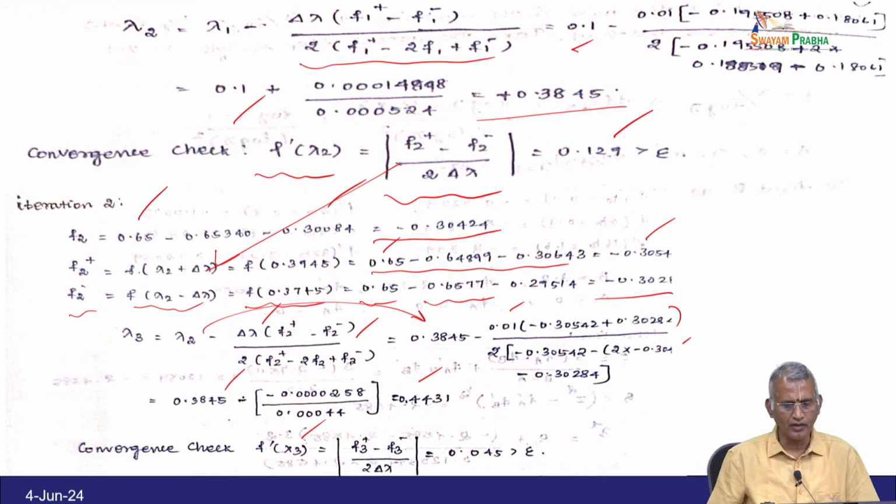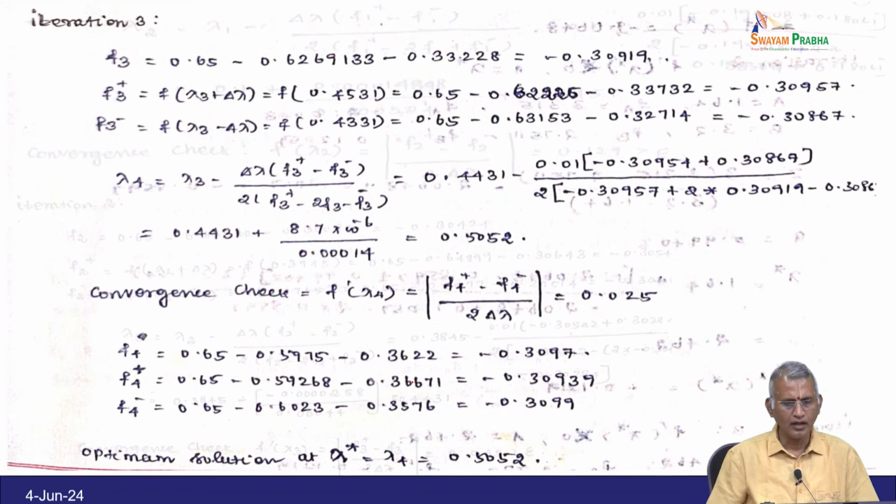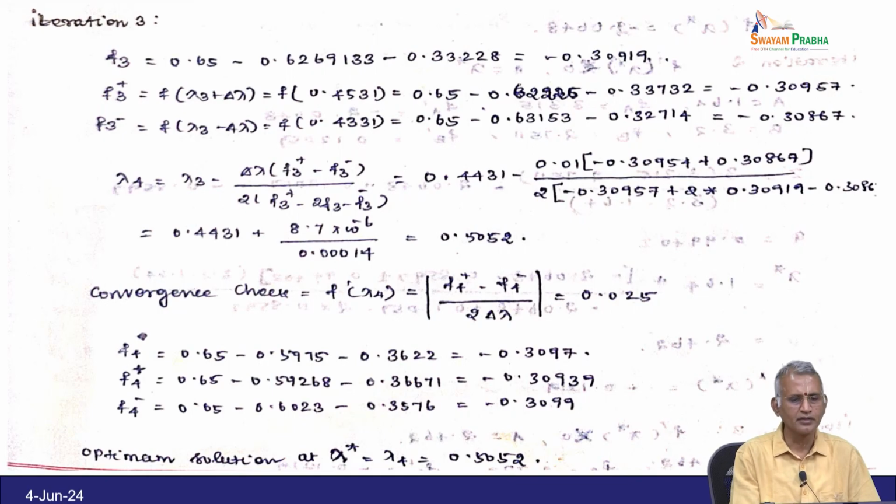So lambda 3 is equal to 0.4431 and then substitute here plus delta lambda 0.01. So 0.4531 and substitute in the given function we have minus 0.30957.